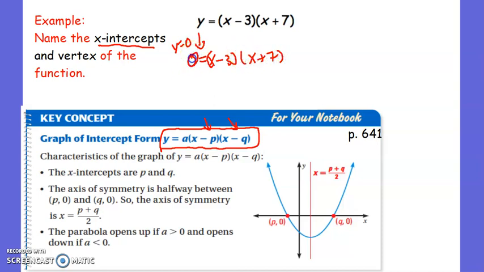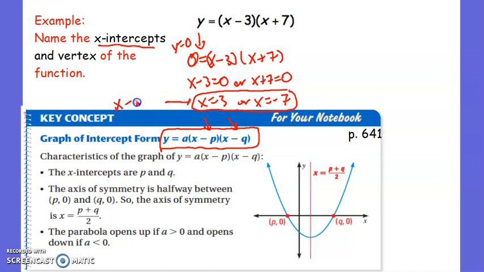So either x minus 3 equals 0 or x plus 7 does, and x would be equal to 3 or x would be equal to negative 7 are going to be my two x-intercepts. Right? So those are my x-intercepts.